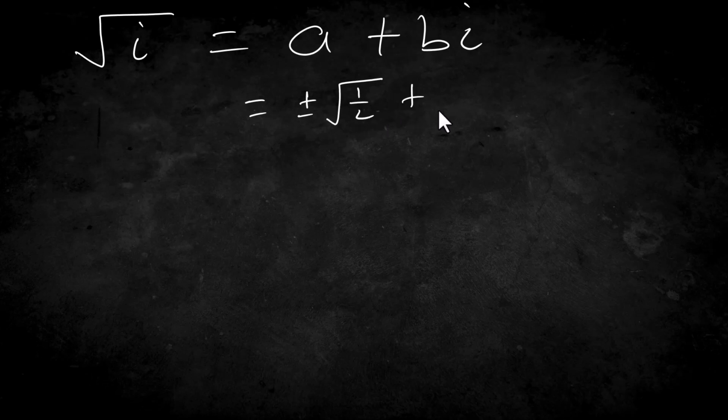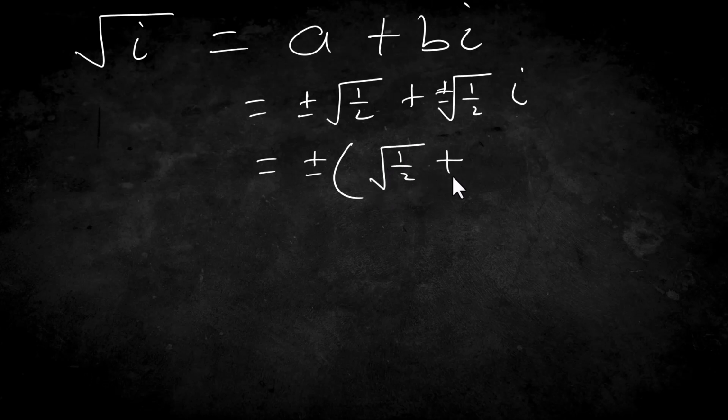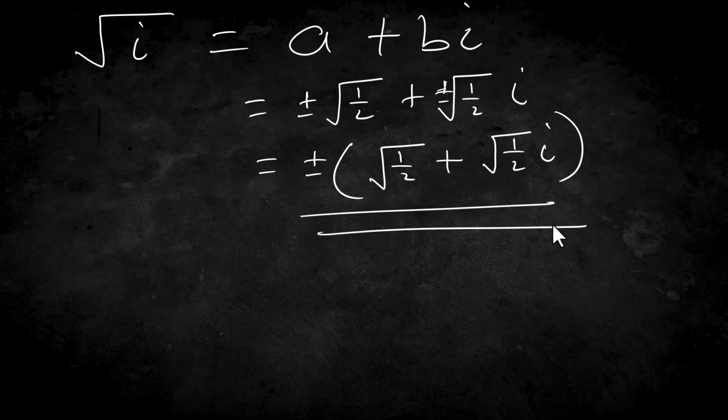And b is also plus or minus the square root of half. So we can make this plus or minus the square root of half plus the square root of half times i. So that is that. If you are to take the square root of this iota, that will be the result.